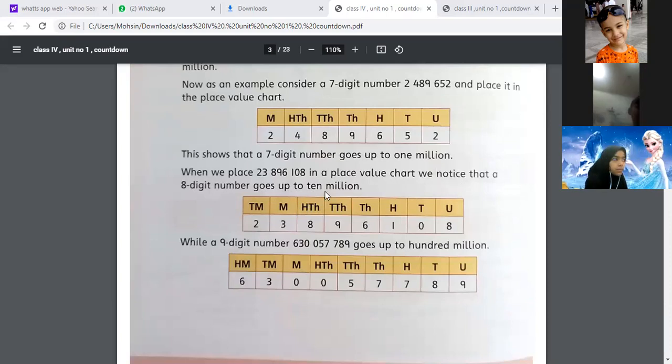If we have a 7-digit value, it means it is 1 million only. Now, a 9-digit number goes up to 100 million. When we have 9 digits in our value, it means we have 100 million.